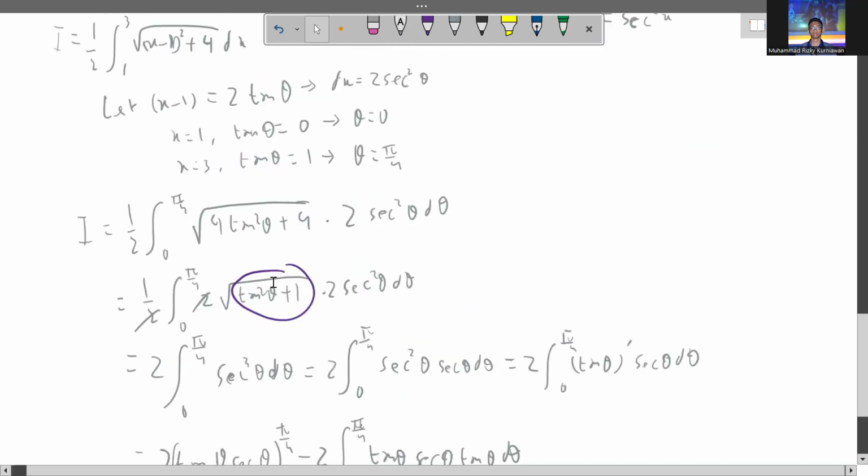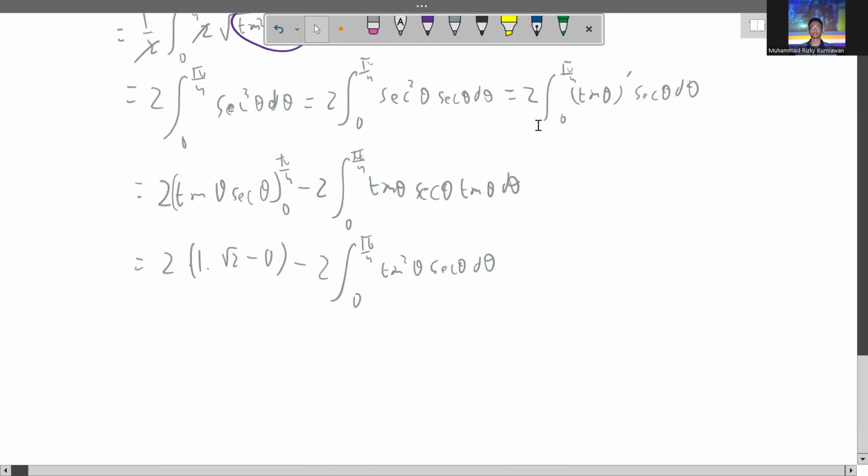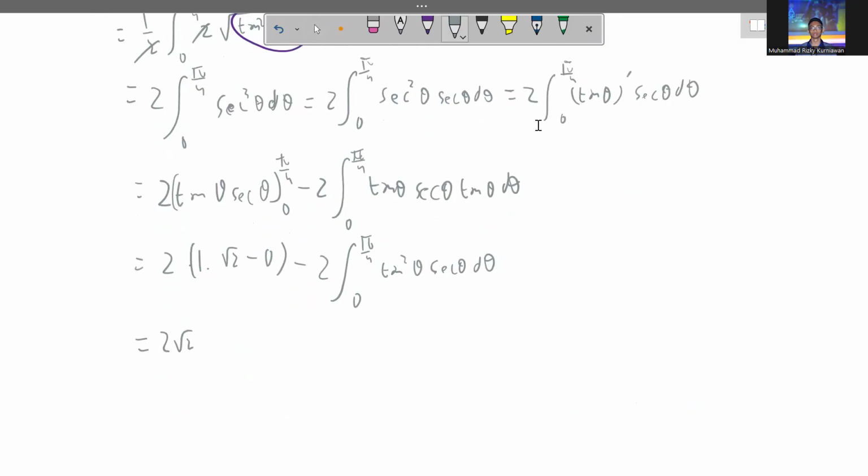Now, we reuse the identity that we just mentioned earlier. So this is equal to 2 square root of 2, minus 2 times the integral of secant cube theta minus secant of theta, d theta.